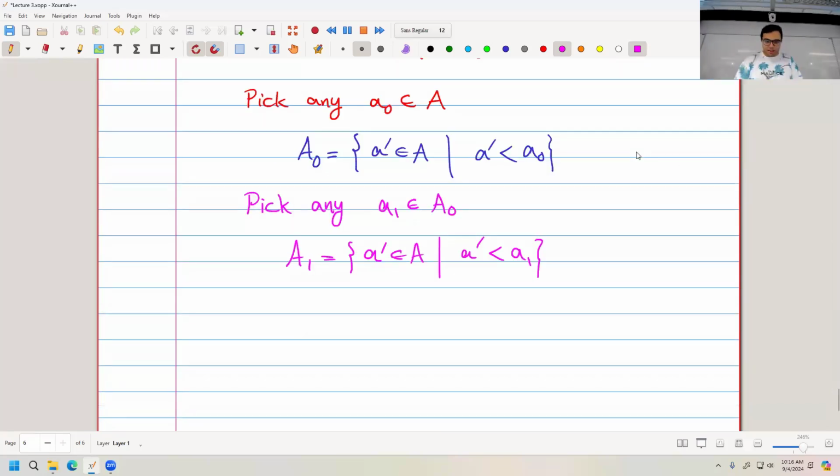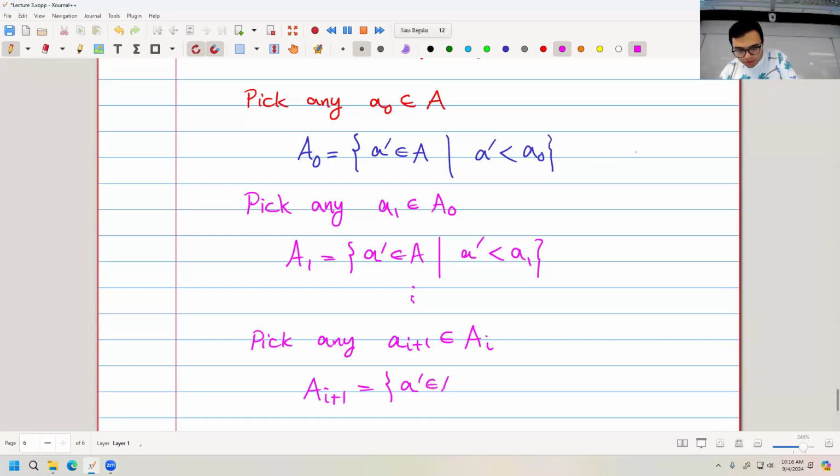And I can do it forever. So basically, every step is: pick any A(i+1) that is in big A(i), and then define big A(i+1) as all the numbers that are smaller than A(i+1).